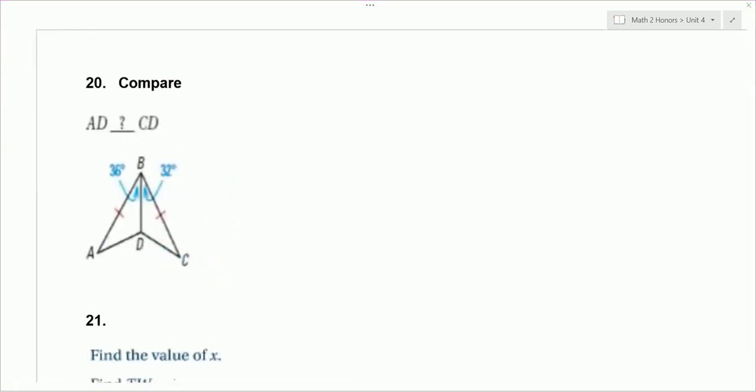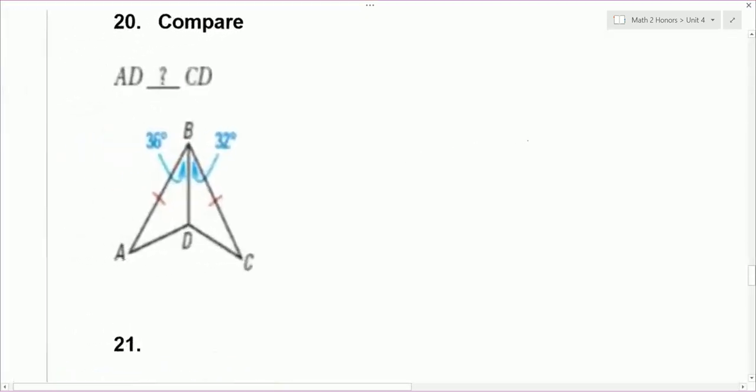Number 20, we want to compare AD and CD. So AD is opposite 36 degrees, and CD is opposite 32 degrees.